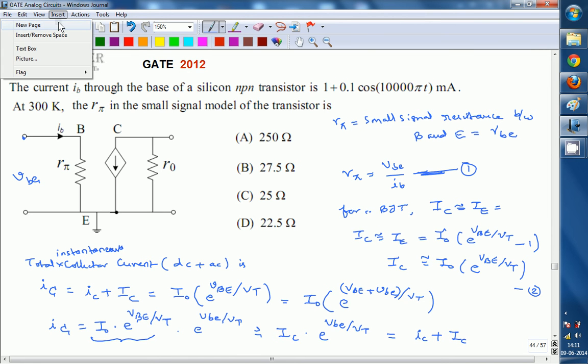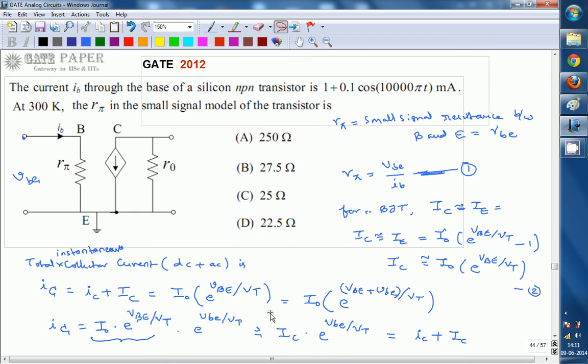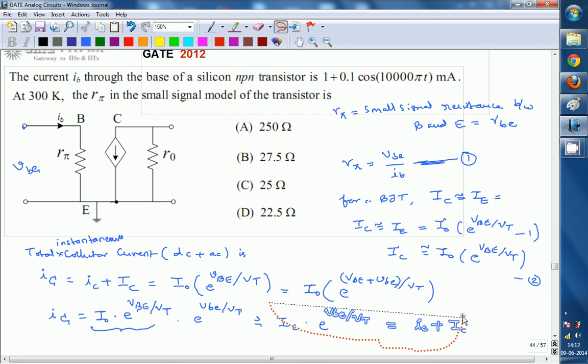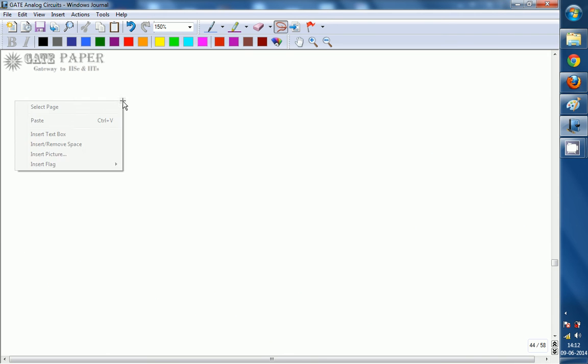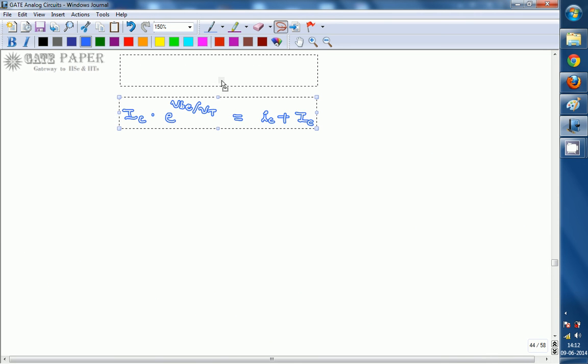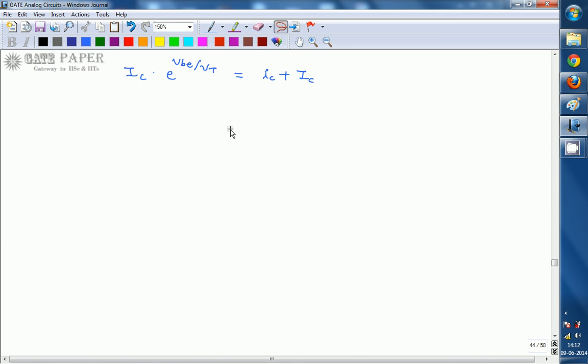The same equation I am writing again. Now from this equation I can write IC into e power vbe by VT is equal to IC plus ic.